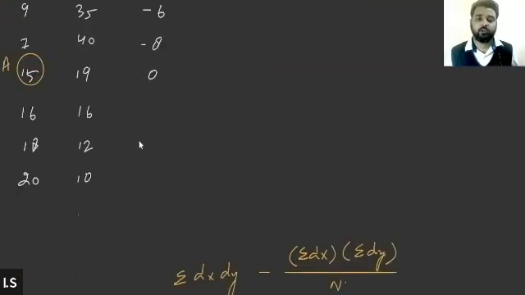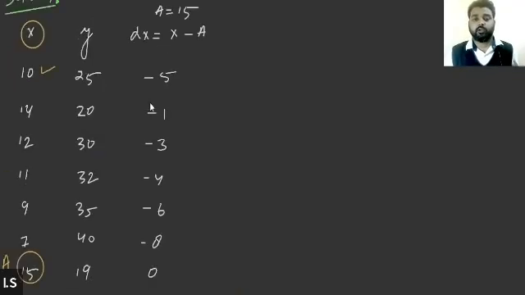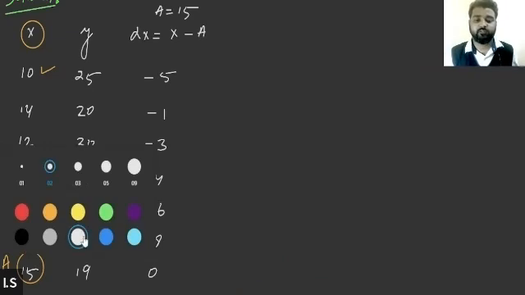And similarly, 16 minus 15 will be 1, 18 minus 15 will be 3, and 20 minus 15 will be 5. Right, Alexander? Is this clear to you? Yes, sir.